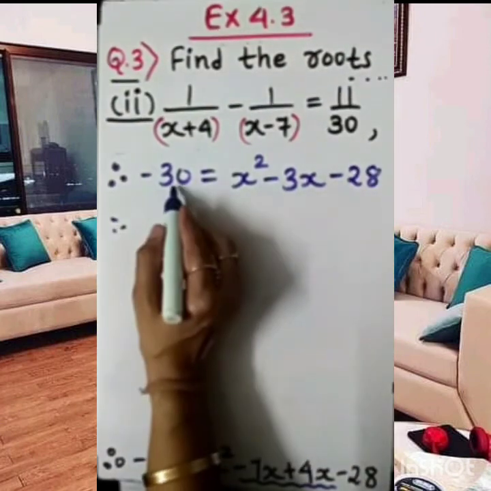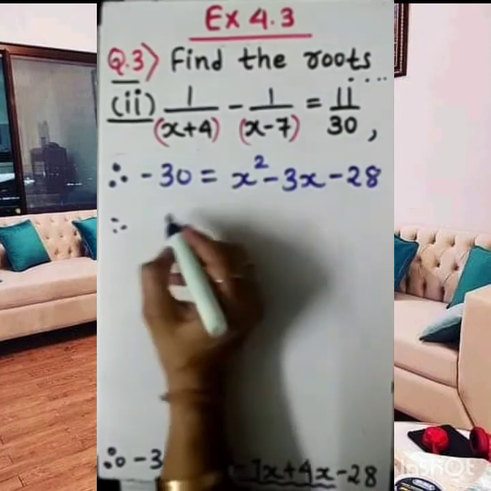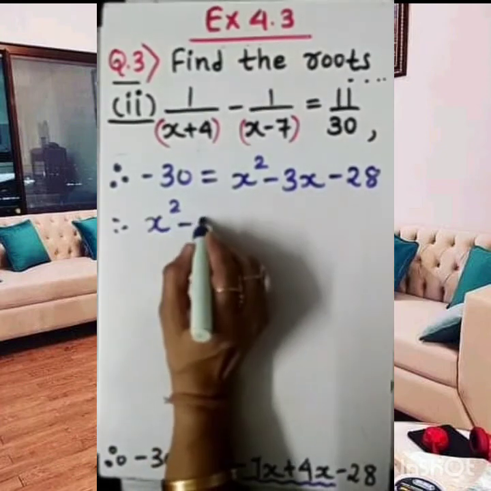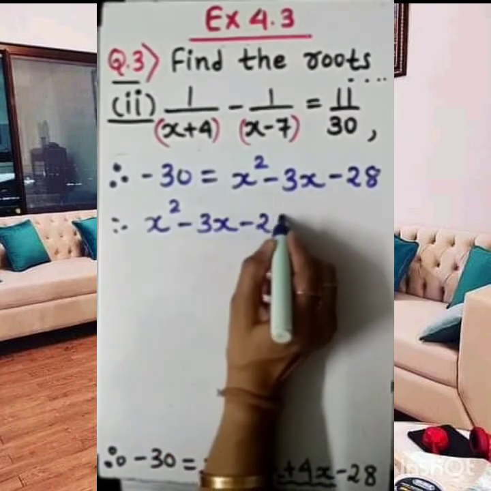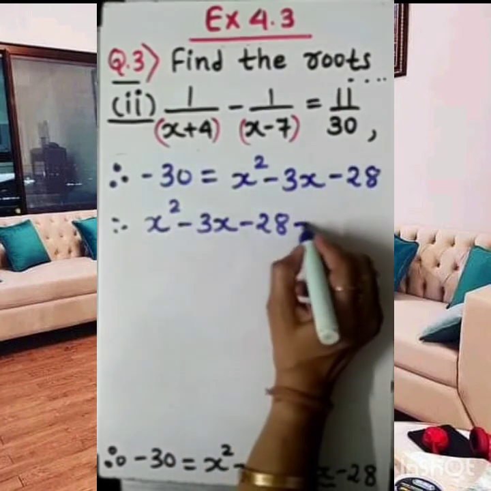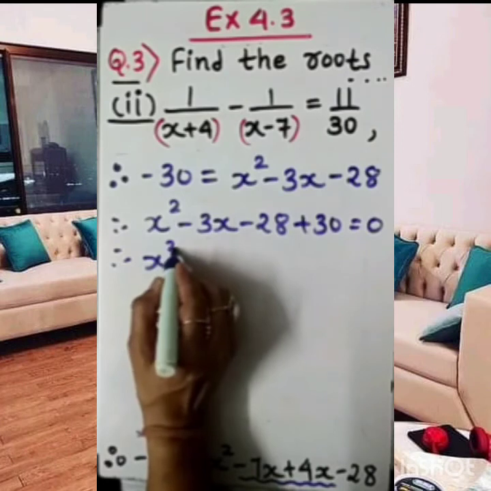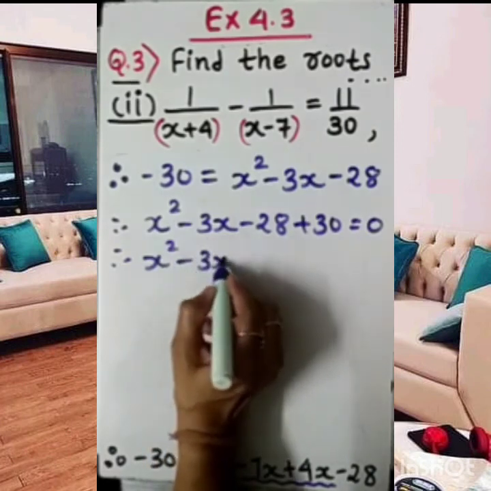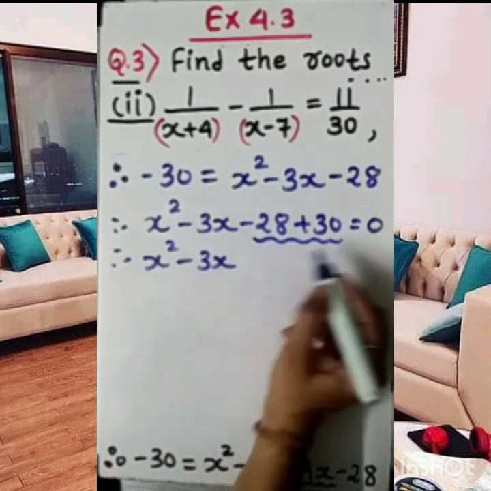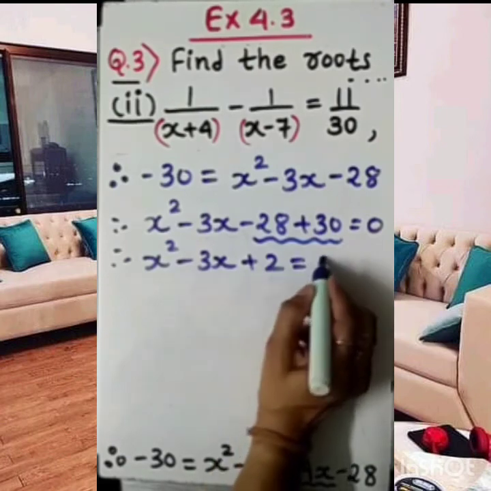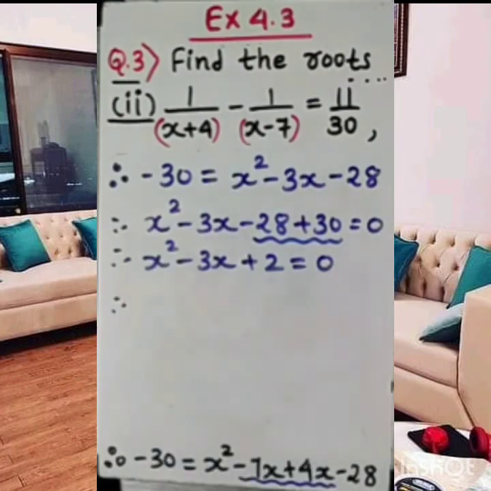I am bringing this minus 30 to this side, so I need to write x square minus 3x minus 28 plus 30 equal to 0. Therefore, x square minus 3x minus 28 plus 30 is plus 2, positive. Now this looks like our quadratic equation.